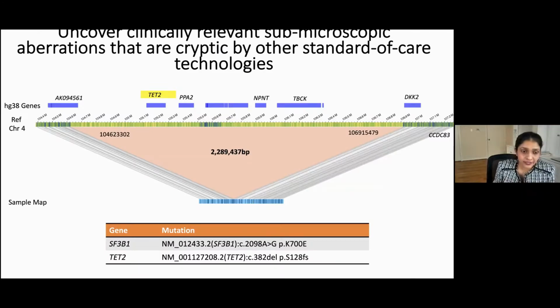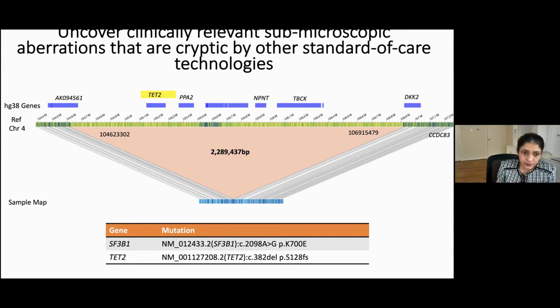Now, more importantly, OGM is able to uncover submicroscopic or cryptic aberrations that are clinically relevant. And these are often cryptic by other standard of care technologies. So this is a case of MDS, where we were able to detect a TET2 deletion involving chromosome 4.